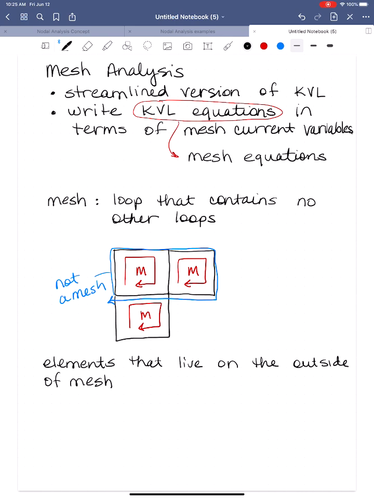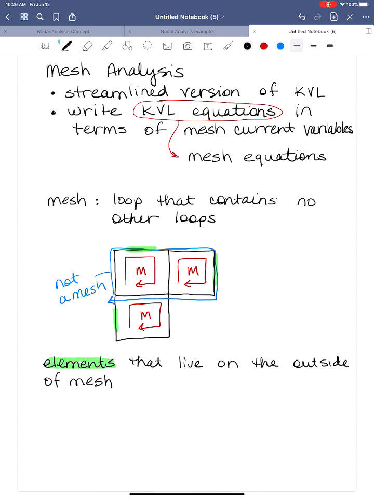Okay, so that would be something like an element that lives, I'm going to use the highlighter here, an element that lives here or here or here. Those sit on the outside of a mesh. So I'm just going to highlight elements in green so you know what I'm talking about.